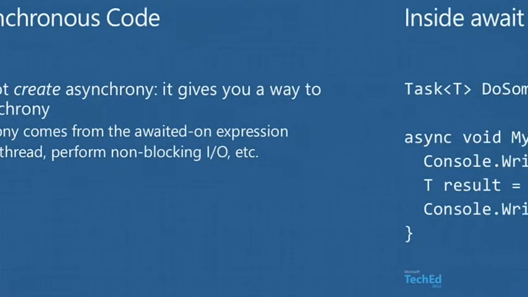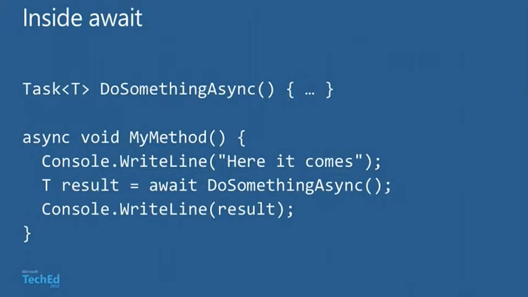Thank you. All right. So what is happening inside the await statement? What is the magic that the compiler is doing? Well, let's imagine we've got an asynchronous method, this do something async or whatever, and we decide to call that with an await. The compiler basically looks at this and goes, well, the beginning of my method, I know there's going to be no asynchrony issues there because there's no awaits in there.